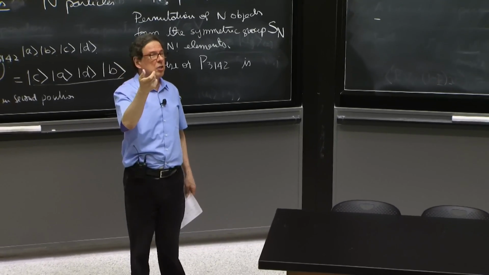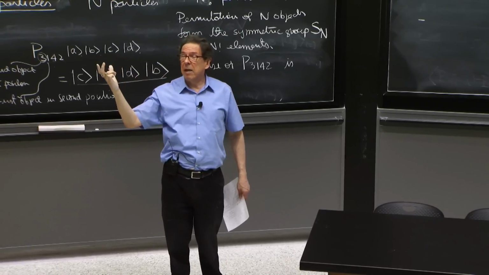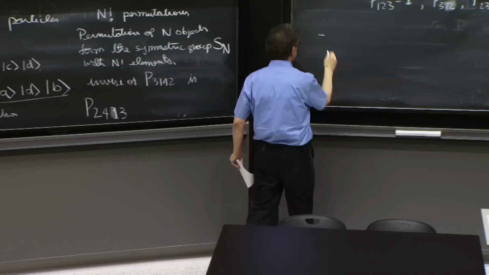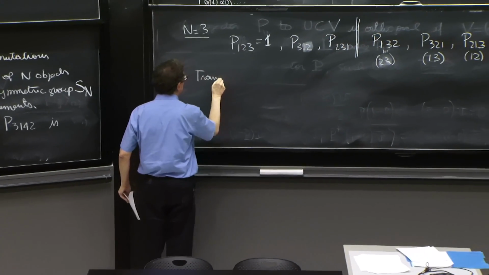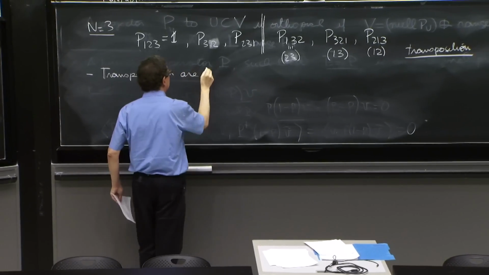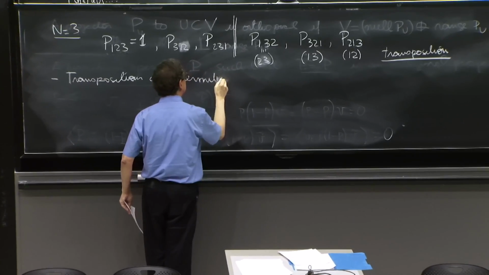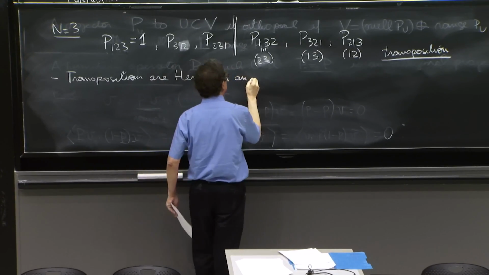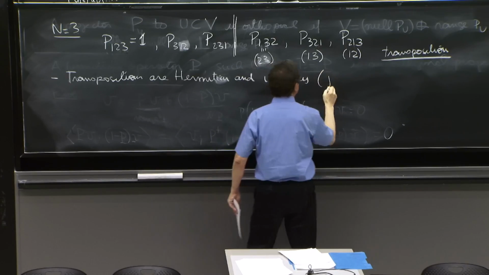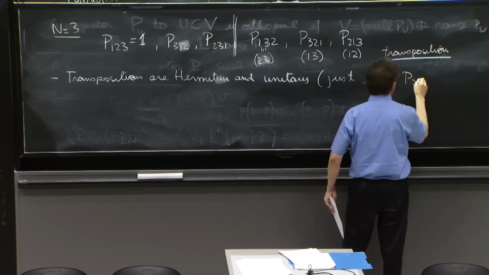You're just changing two particles, leaving the other ones unchanged. So these transpositions are Hermitian and unitary, just like we had P21 before.